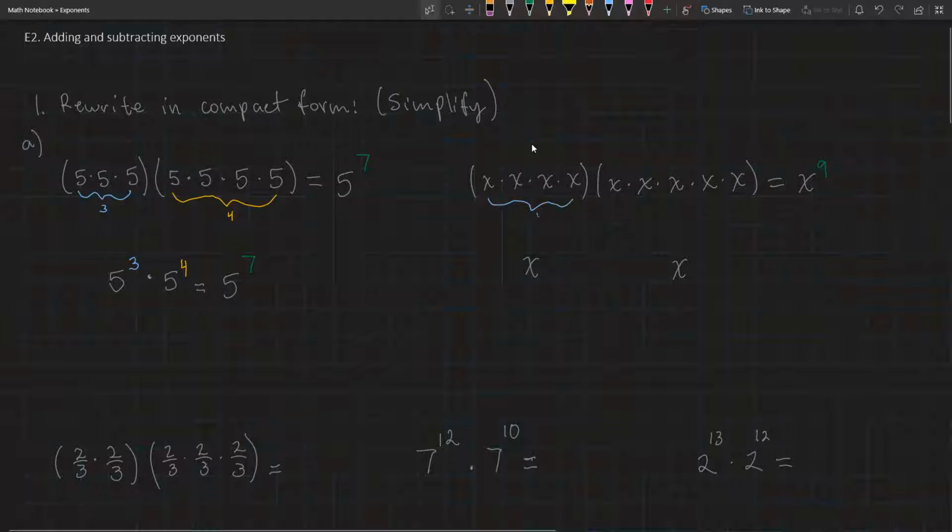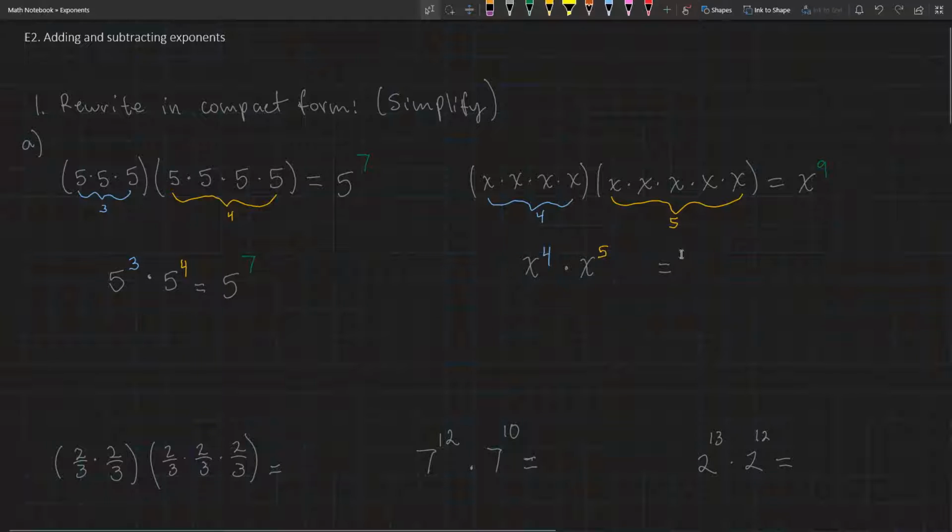It looks like 4. So therefore, this is x to the 4th power. And the second expression, how many times was the factor multiplied by itself? 1, 2, 3, 4, 5. Therefore, this is x to the 5th. And we know it was multiplication, so therefore x to the 4th times x to the 5th must equal what the expression was on the right side. Let's put those pieces of the puzzle together.